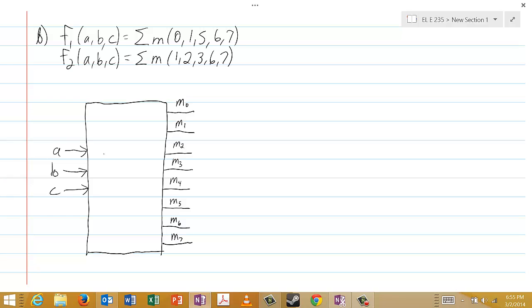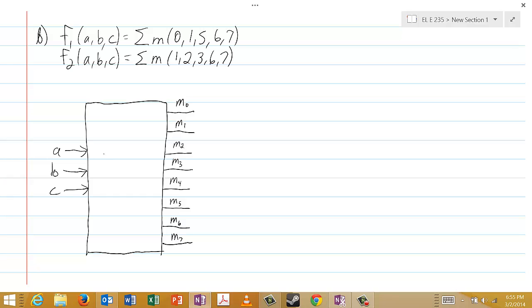Now, if you're just working on this blindly, you say, well, this is just simple. This is very straightforward. It's just like our previous problem. We'll just take M0 and M1 and M5 and M6 and M7, and we will OR all of those together in order to get F1. But that will require an OR gate with 5 inputs.